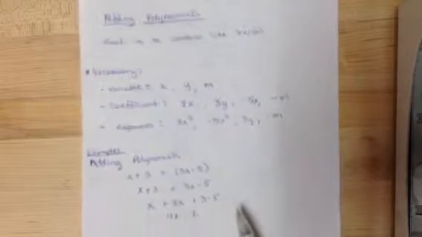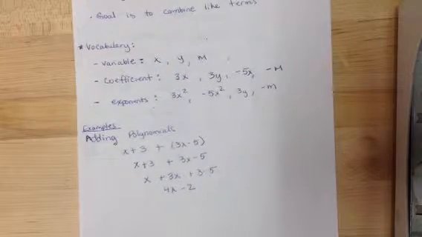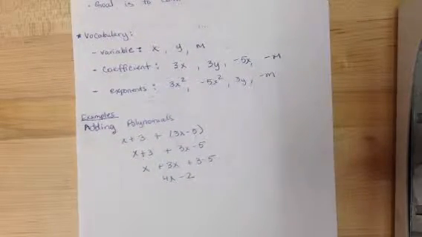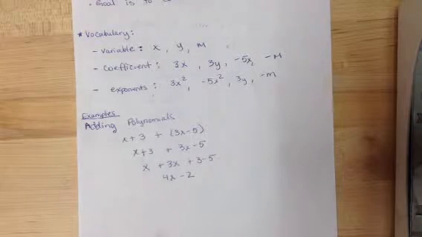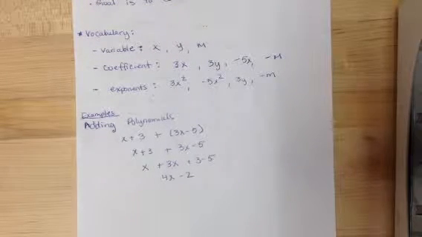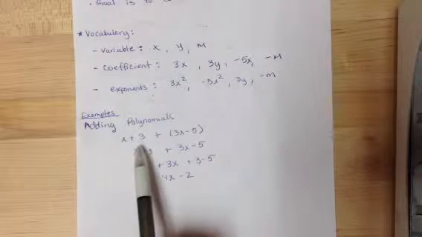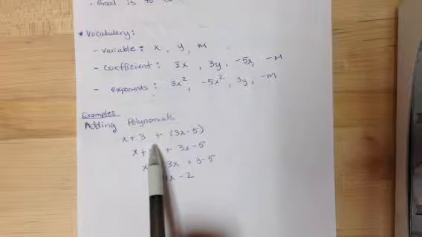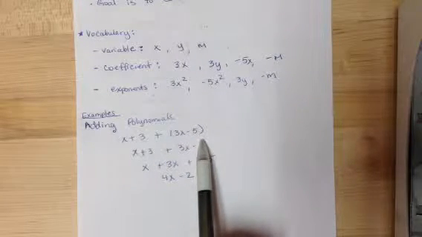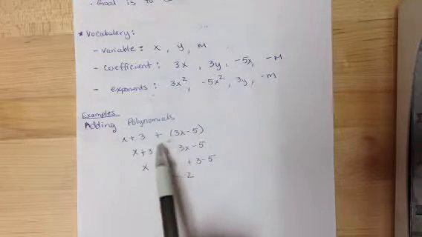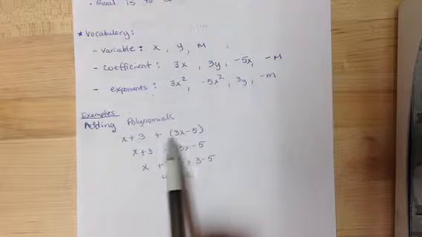Okay, we're going to go into adding polynomials. First example here, we want to simplify this expression, make it a little bit easier to understand, more readable. So if we start with x plus 3 plus parentheses 3x minus 5, first thing we want to do is remove this parentheses.